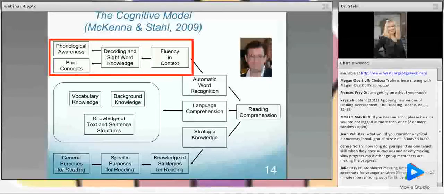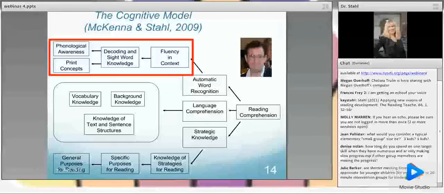language comprehension, and the third pathway that we add that is not part of the simple view that is incorporated in Core Knowledge is strategic knowledge. And so we believe that when children are having reading comprehension problems or any kind of reading problem, we investigate these 3 pathways.